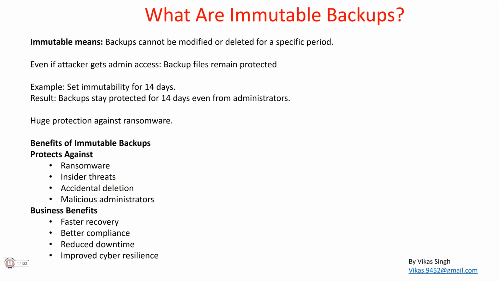So this is strong protection against ransomware. The benefits are that immutability protects backups against ransomware, insiders, accidental deletion, and malicious administrators. Business benefits include faster recovery, reduced downtime, better compliance, and improved overall security resiliency for the infrastructure.